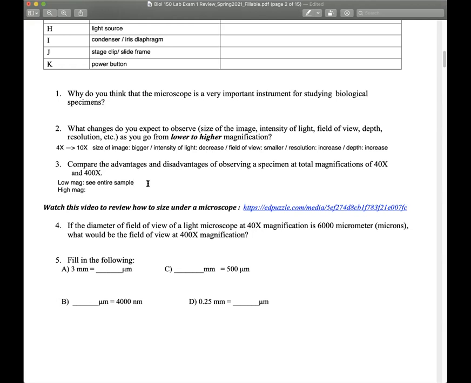And what about higher magnification? What's the benefit there? We can see the smaller parts of our sample. Yeah, okay, see the smaller details in the sample. I think the best way to sum it up is that it depends on what your needs are, whether you want to see the whole context of your sample, or you really want to hone in on exactly what's going on in one particular area or cell. So there are advantages and disadvantages of both.